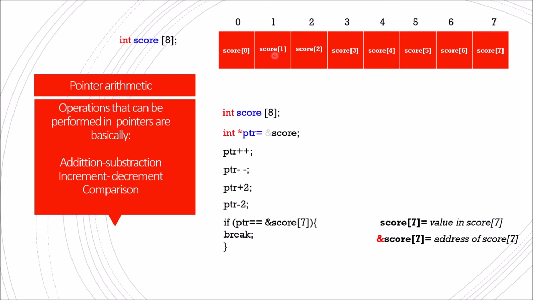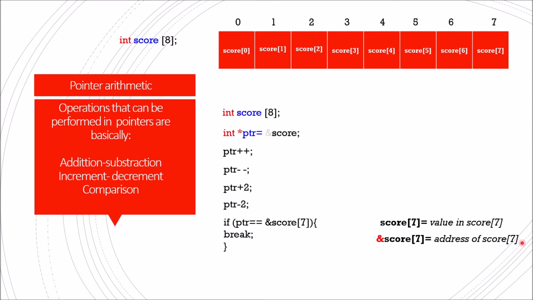It will be incremented one position at a time, and whenever this comparison is true, so whenever PTR gets to this address, this condition will be true because now PTR equals the same address here. So we have this basic arithmetic for pointers.